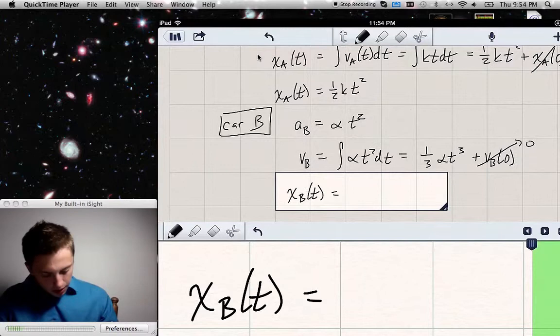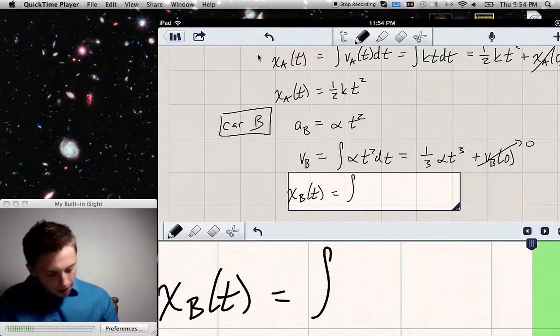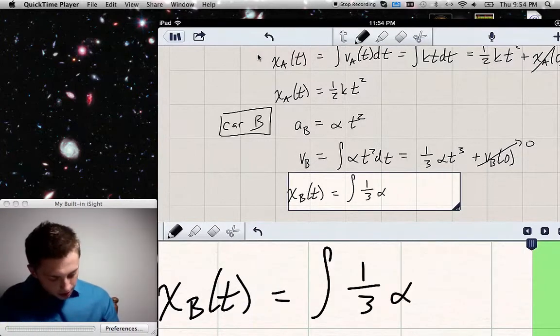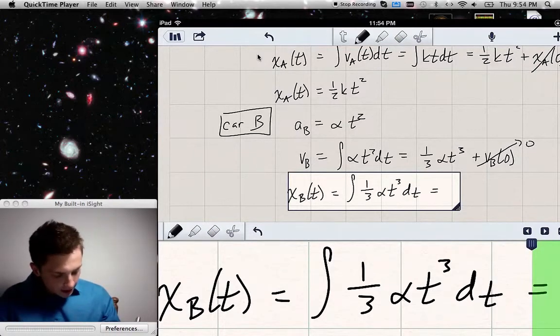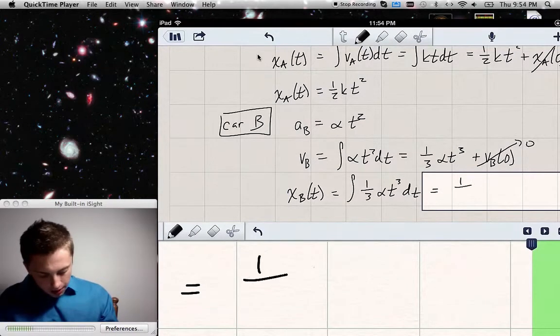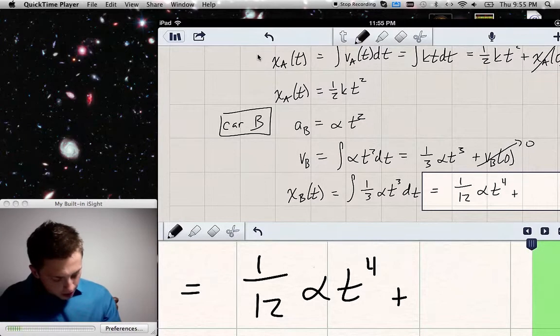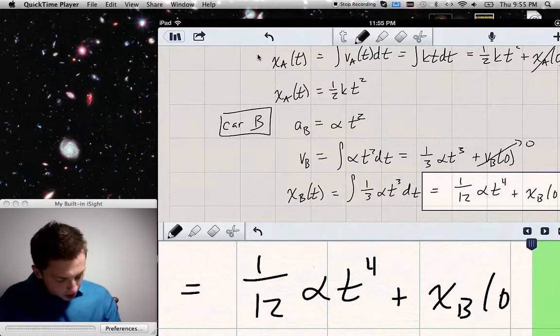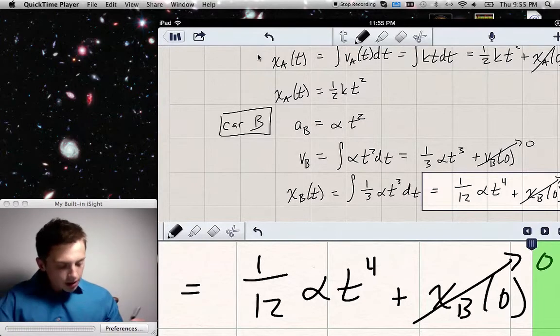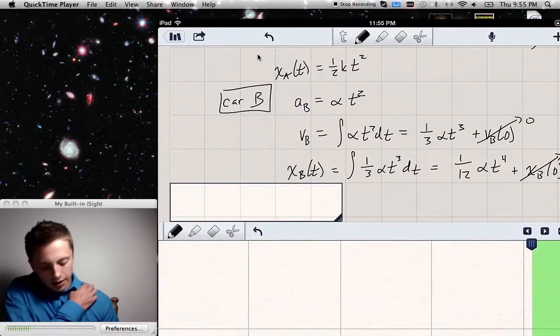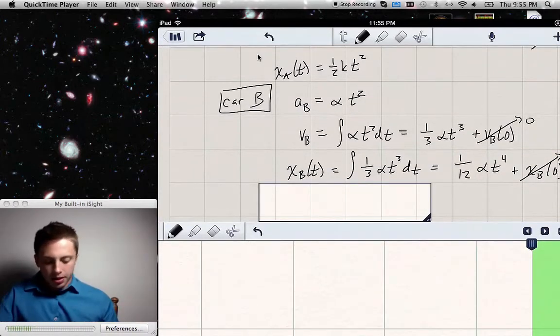The position of car B at any time t is given by integrating the velocity function. That should be cubed. And integrating this gives us 1/12 alpha t to the 4th plus the initial position of car B. Car B starts at the origin along with car A. So we get that constant of integration being 0.